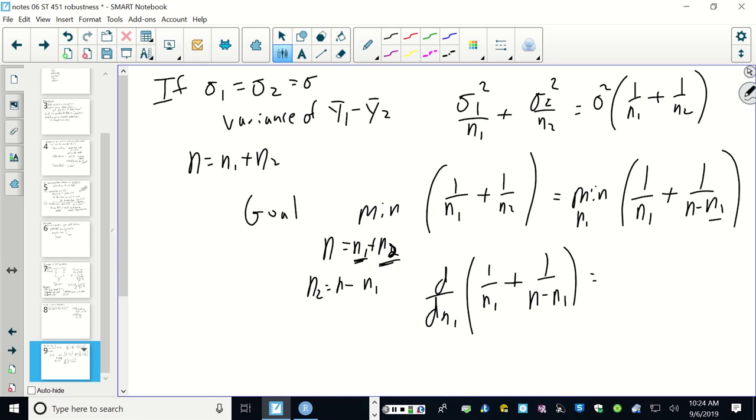Well, 1 over n1 is like n1 to the negative 1, so there's a negative, and then n1 squared. And then for this one, we have n minus n1 here. The derivative of that has a negative 1. But by chain rule, we also have to take a derivative inside, and there's a negative. So we get a negative because it's 1 over, and we get a negative because of the inside. And that's going to be the derivative. And we set that equal to 0.